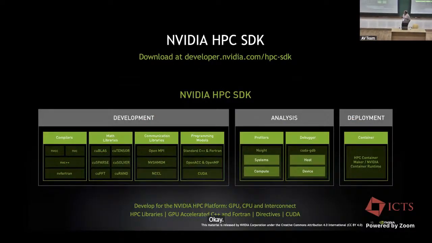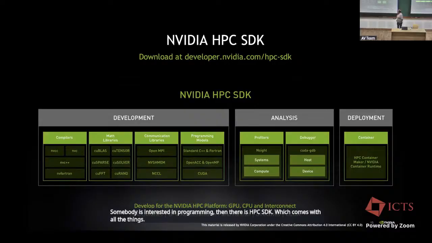I know you might not be so interested in programming, but if somebody is, there is the HPC SDK, which comes with all the things. NVCC is the CUDA program compiler.